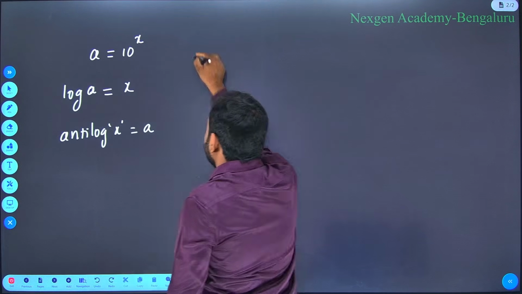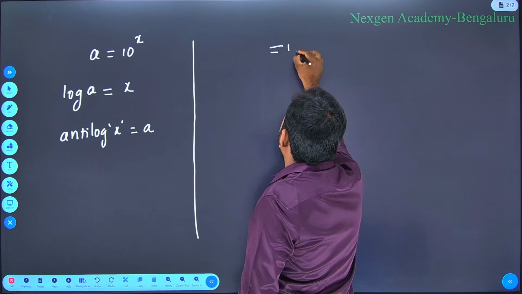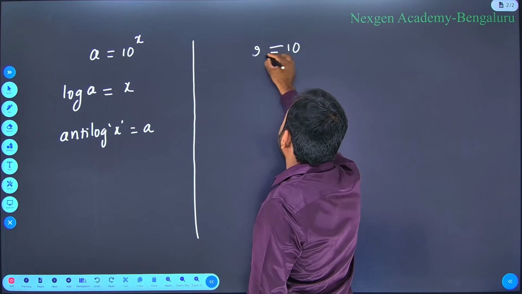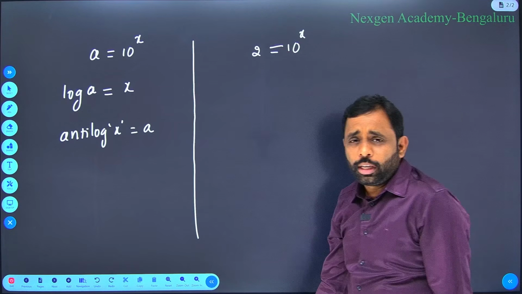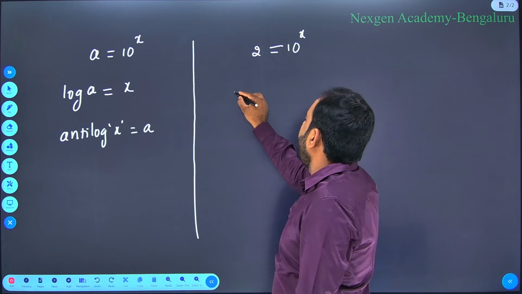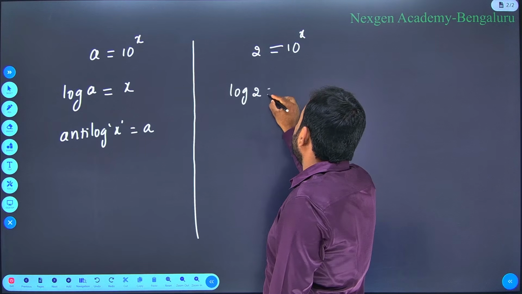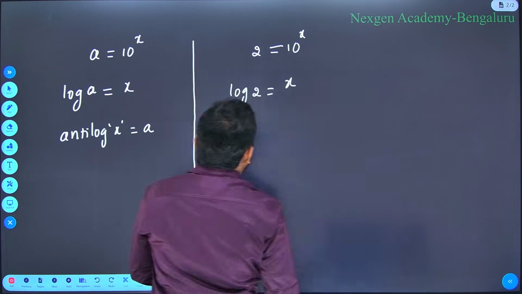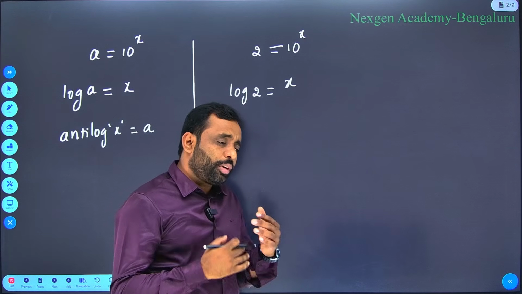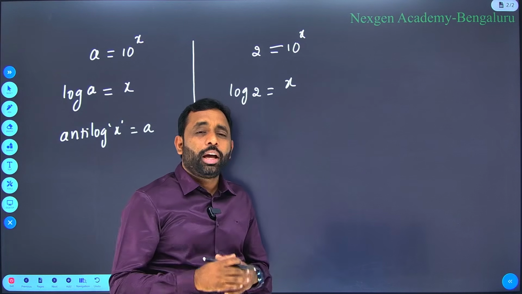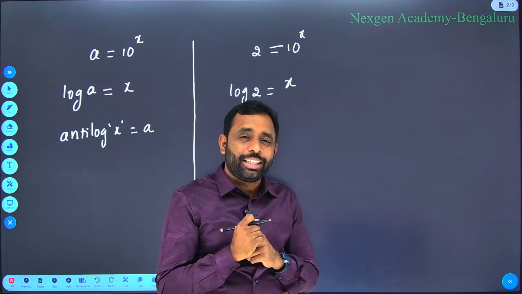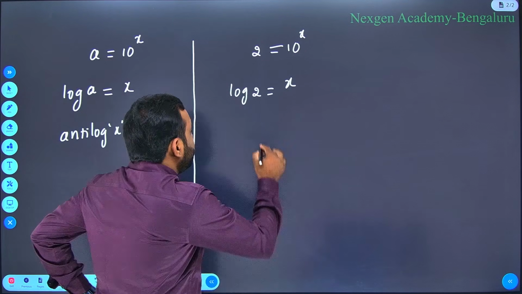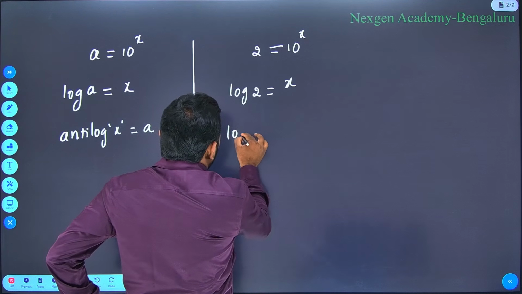What does it indicate? Let us see. 10 to the power of some x is equal to 2, I told you. So what is the log here? Log 2 is nothing but that x. Are you getting what I'm saying? So how to write 10 to the power of some x as 2? Or 10 to the power of what? What is that x to get the 2? For that we need to do logarithm, as I told you.